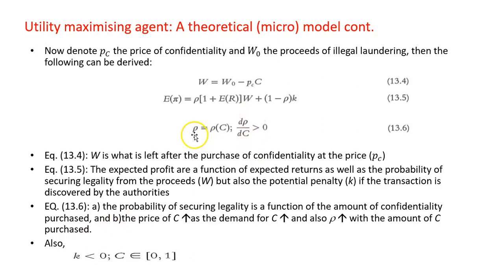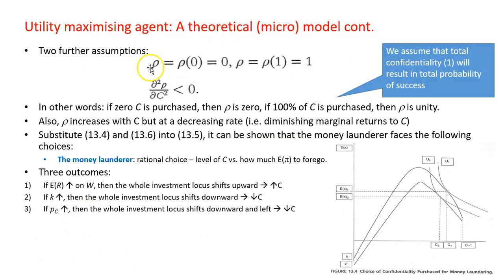Then finally, the probability of securing legality is unsurprisingly linked to the amount of confidentiality you purchase, and this is saying that the relationship is positive, so the more confidentiality you purchase, the greater the probability of obtaining legality. These two further assumptions: this one simply states that the probability of obtaining legality varies between 0 and 1, so 0.5 is a 50-50 chance, and so on.